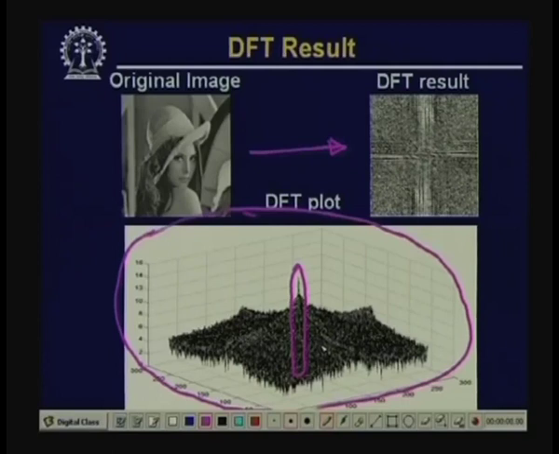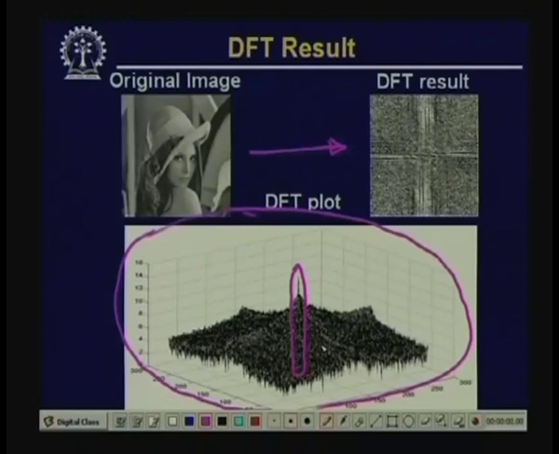So, this indicates that the Fourier coefficient is maximum, at least for this particular image, at the origin, that is when u equal to 0 and v equal to 0, and later on we will see that u equal to 0, v equal to 0 gives you the DC component of this image. In most images, the DC component is maximum, and as you move towards the higher frequency components, the energy of the higher frequency signals is less compared to the DC component.